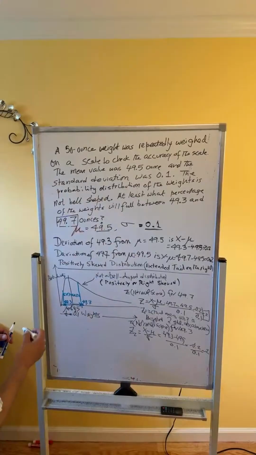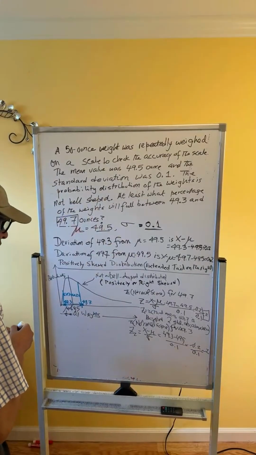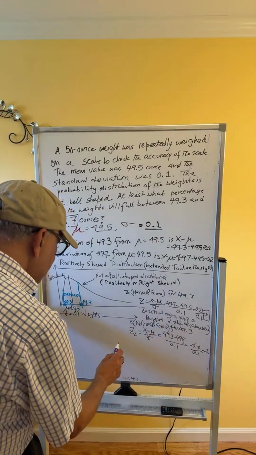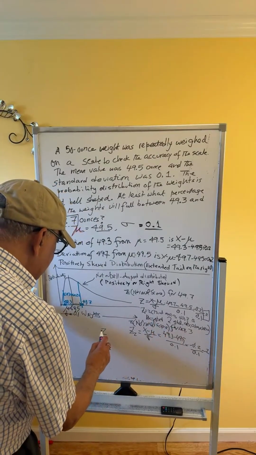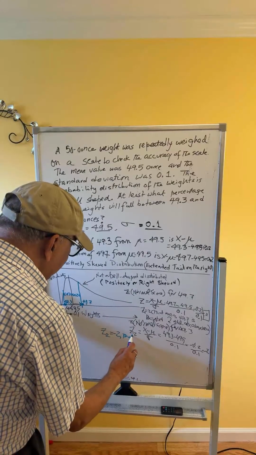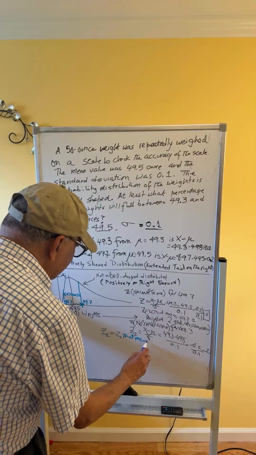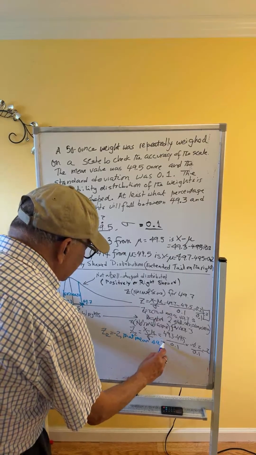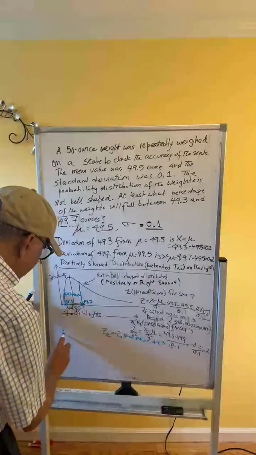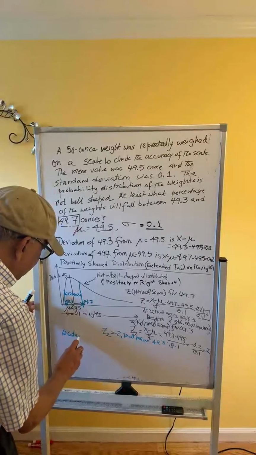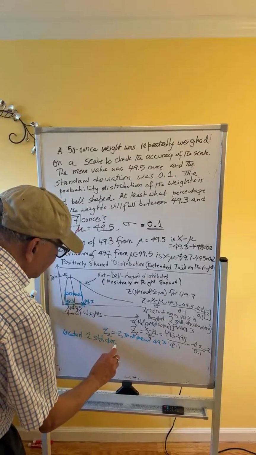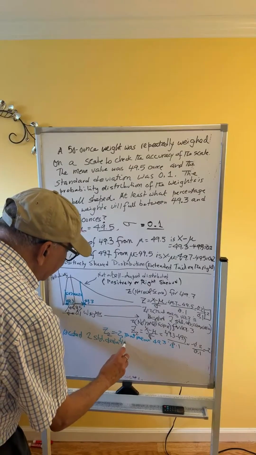What does it mean? It means the Z score of Z2 is -2. That means 49.3 is located, because of the negative sign, 2 standard deviations below the mean.